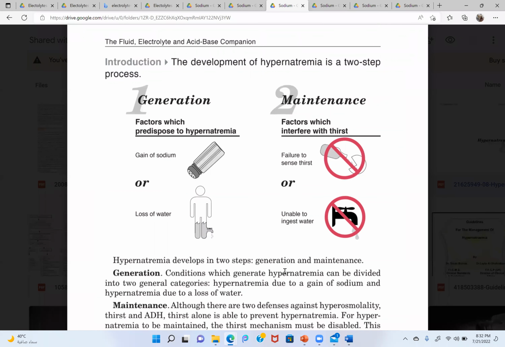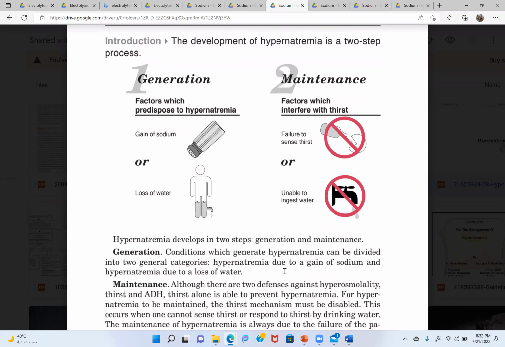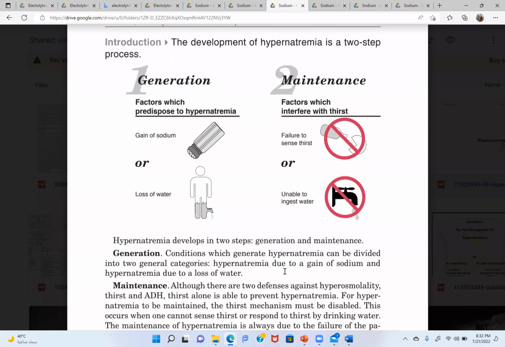Factors that predispose to gain of sodium or loss of water, and factors which interfere with thirst: failure to sense thirst, or being unable to ingest water. Usually when there is a gain in sodium, you will take more water. But if you are not able to take it, it will result in hypernatremia.